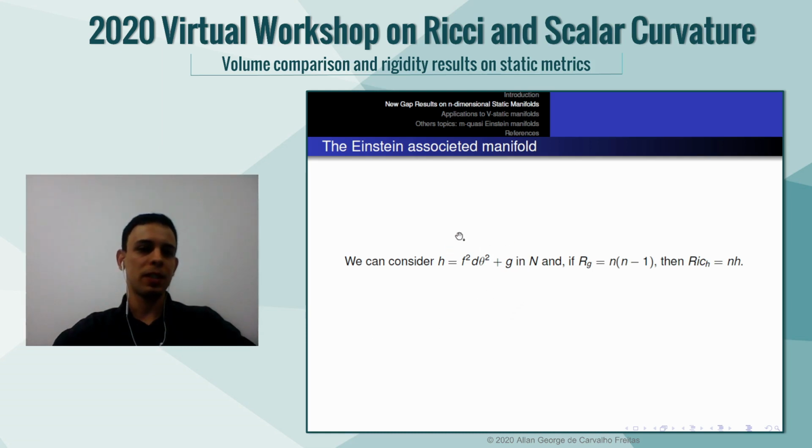With this, we can obtain an n+1 manifold by considering this warped metric. And if the original static manifold has constant scalar curvature equal to n(n-1), then the associated manifold is Einstein in this sense: its Ricci curvature is n.